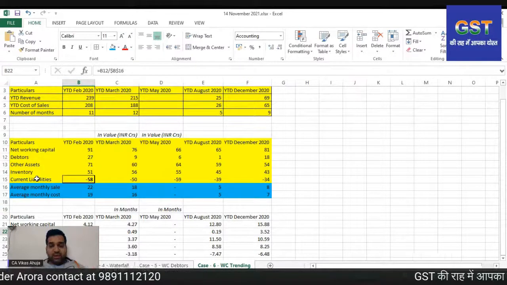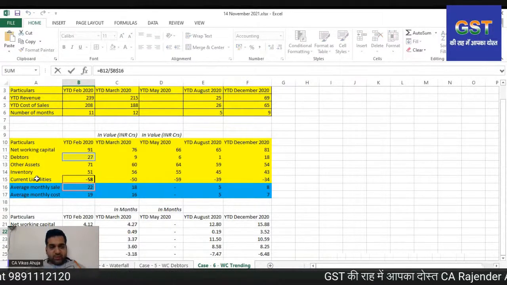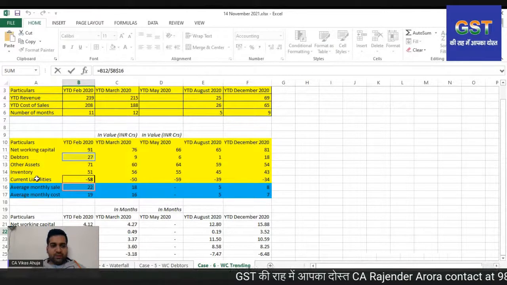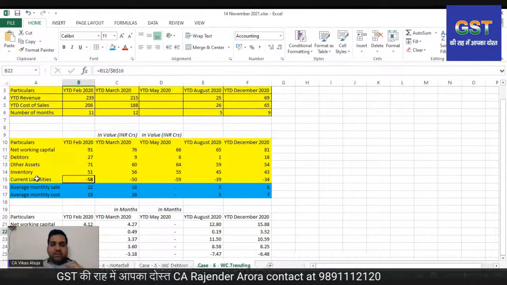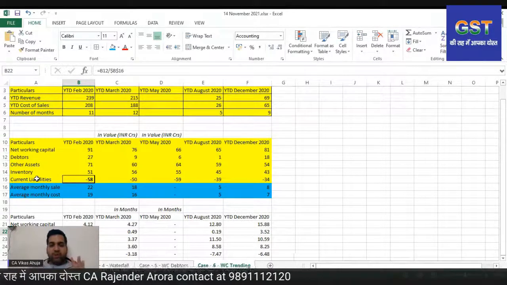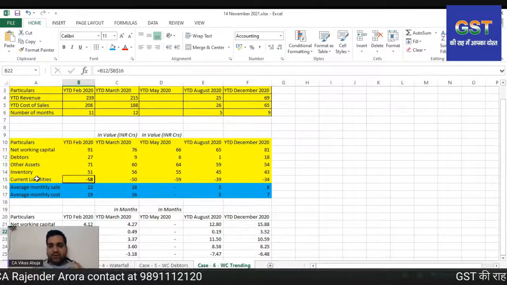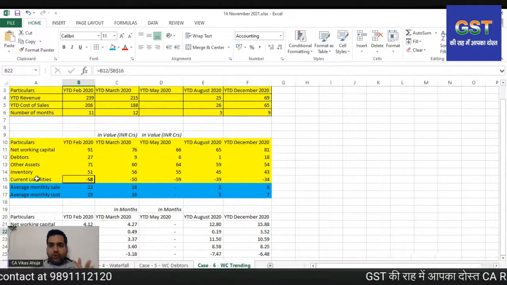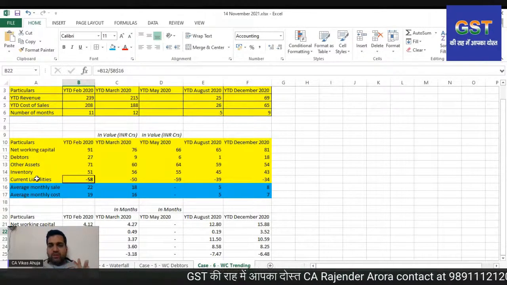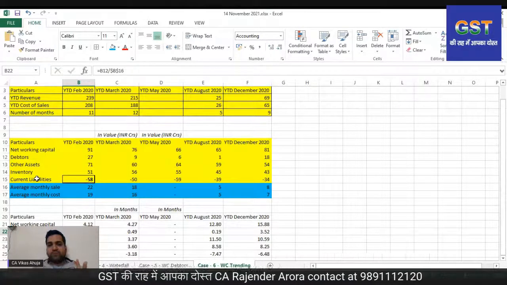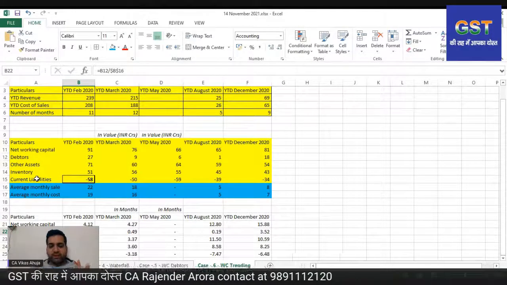My working capital in months. So how much are my debtors divided by average monthly sale gives the number of months I have funds blocked as debtors. Here the funds are blocked for 1.22 months. That means my customer takes around 45 to 50 days to pay me back.